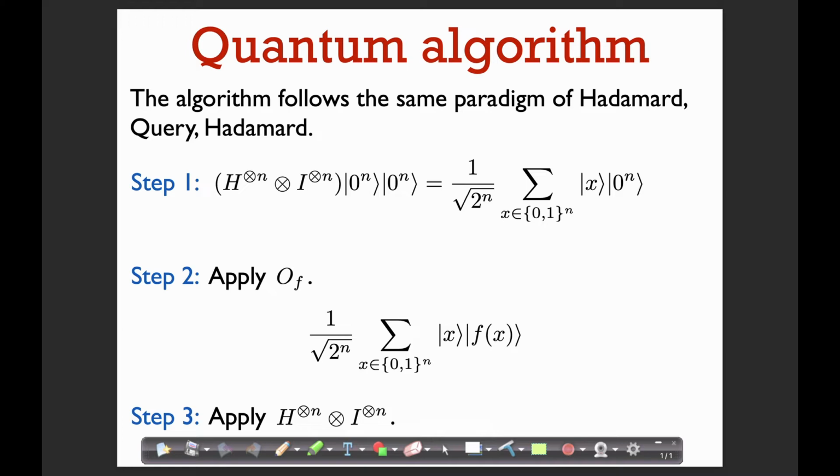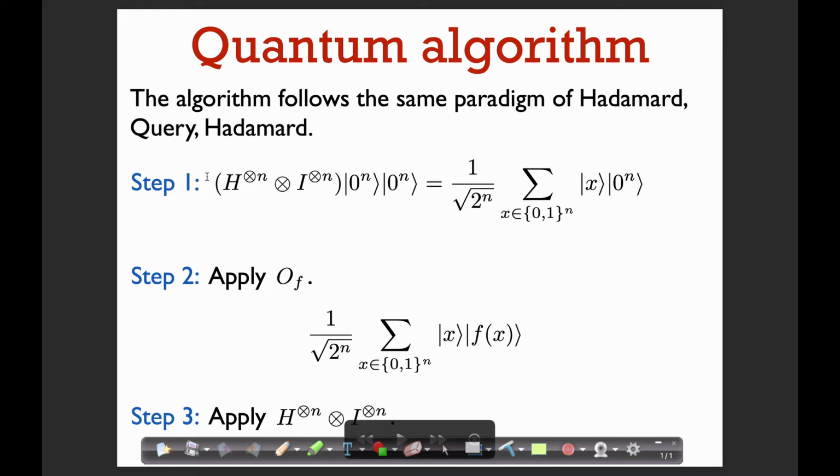Things are slightly different this time because, first of all, we have a function with n bits of output, not just 1 bit of output. We're just going to use the mod oracle, not the phase oracle. And after we do this quantum part, we're going to have to do some classical post-processing. But the quantum part is very similar. Hadamard, query, Hadamard. So let's go over the algorithm.